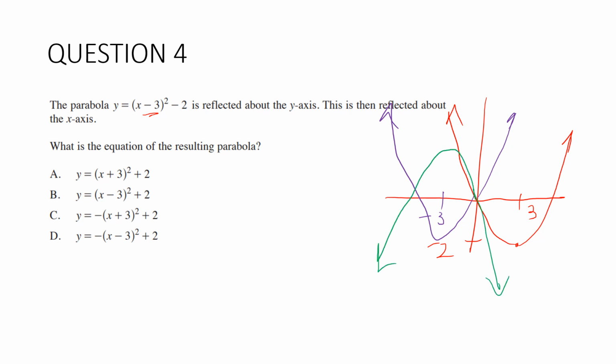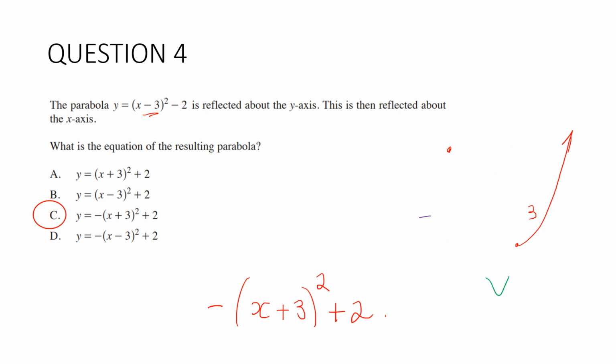If you want to just do this graphically, which is actually easier, that's going to have a graph of negative, because it's upside down, (x + 3)² plus 2, which is C. But let's have a look at it algebraically as well.